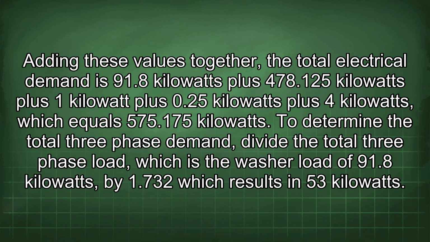Adding these values together, the total electrical demand is 91.8 kilowatts plus 478.125 kilowatts plus 1 kilowatt plus 0.25 kilowatts plus 4 kilowatts, which equals 575.175 kilowatts. To determine the total three-phase demand, divide the total three-phase load, which is the washer load of 91.8 kilowatts, by 1.732, which results in 53 kilowatts.